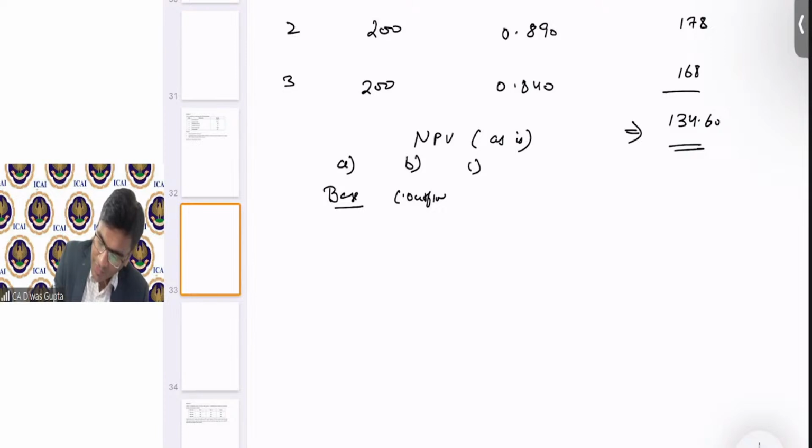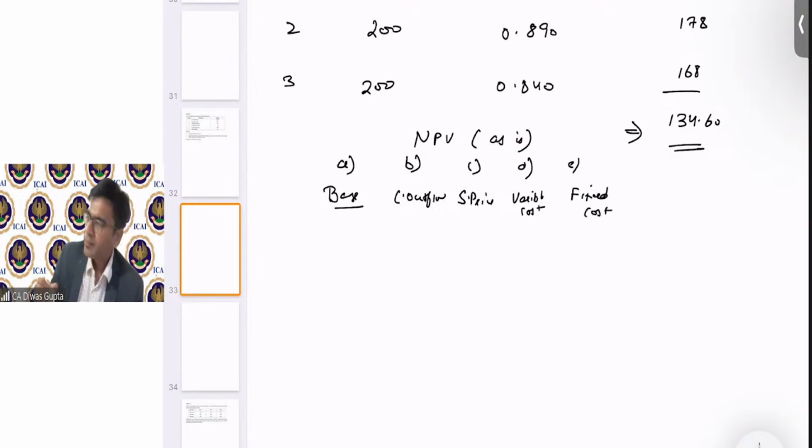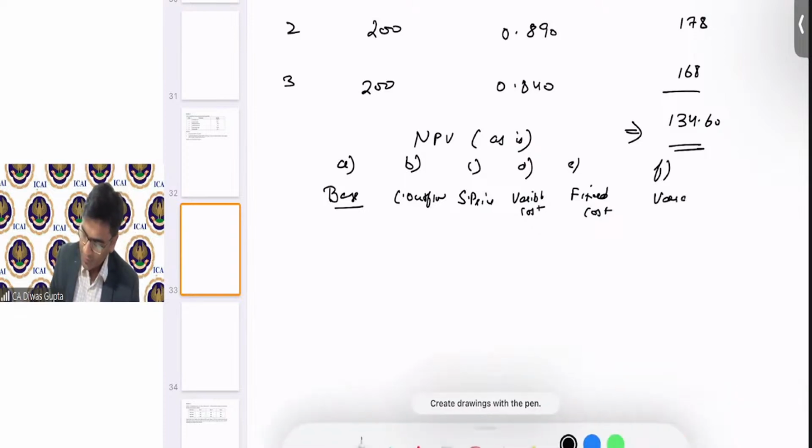C case, we are changing the selling price. D case, we are changing the variable cost. E case, we are changing the fixed cost. Then lastly, F, we are changing the units.